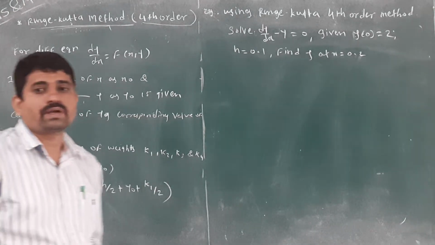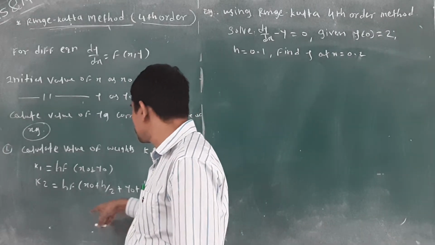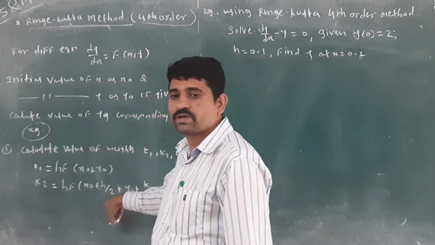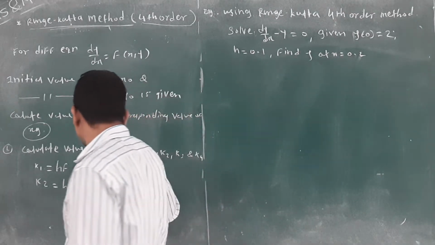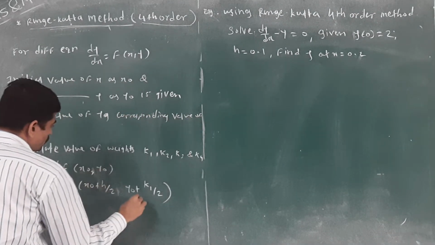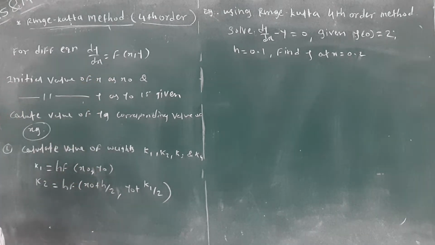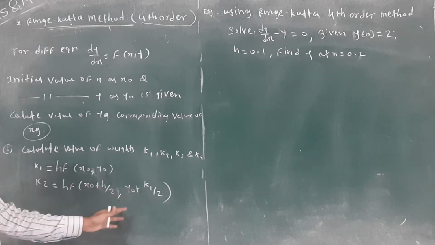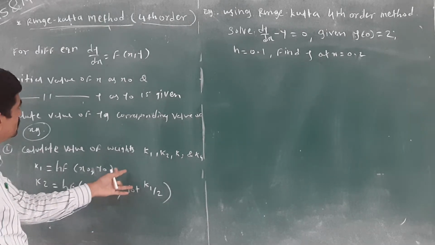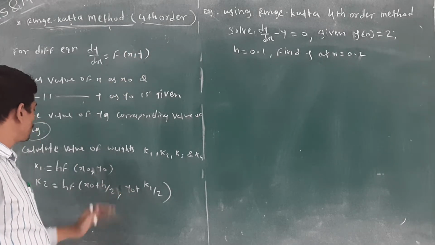When you calculate the value of k2, you have to use x0 plus h by 2, comma, y0 plus k1 by 2. We are using the comma because we don't know whether plus or minus is given in your differential equation function. If the function is given as x plus y, then you should use plus here.